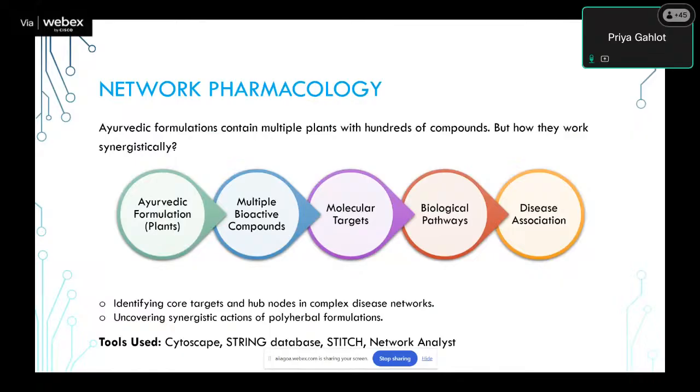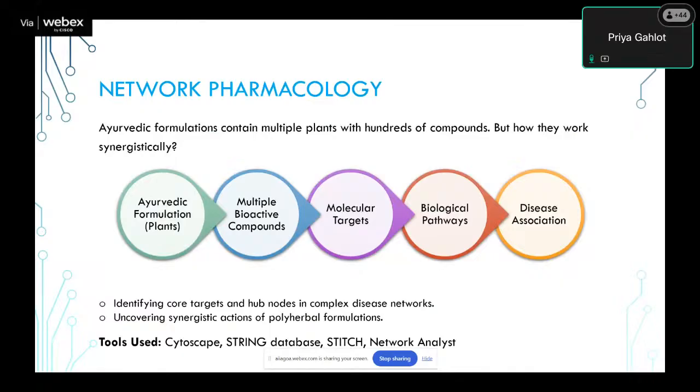These bioactive compounds are linked to multiple molecular targets, and these molecular targets play a role in different biological and molecular pathways which are linked with particular diseases. This linkage is explained in network pharmacology. We identify the core targets and hub nodes in complex disease networks, and this provides the synergistic actions of these polyherbal formulations.